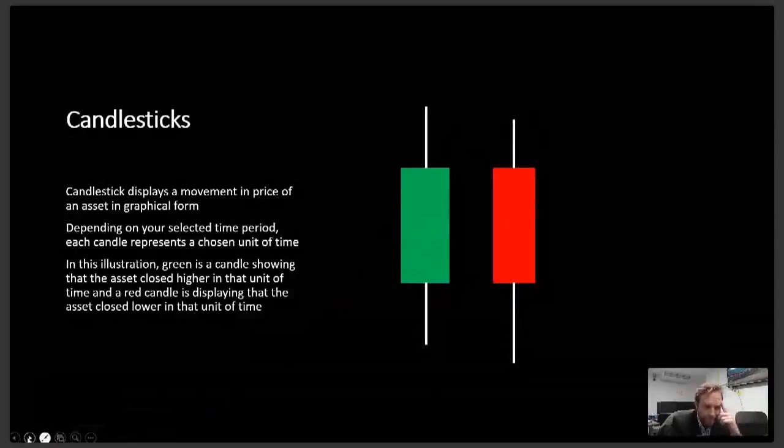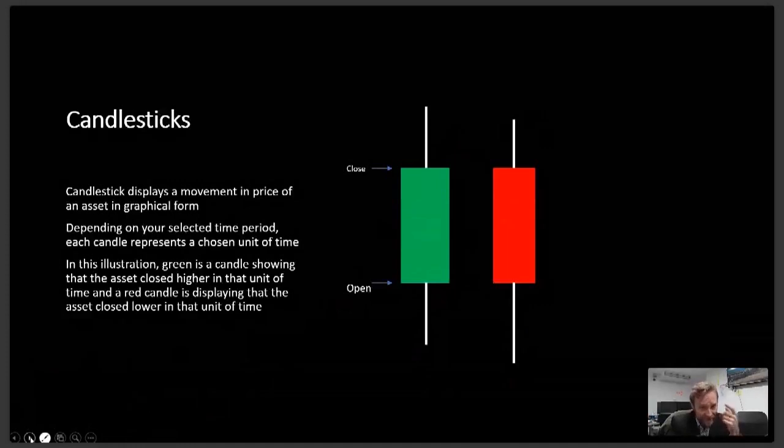Now, this actually shows a great deal of information. If the candle is green, the bottom of the candle is where the asset opened in that unit of time. The top of the candle shows you where that asset closed in that unit of time.